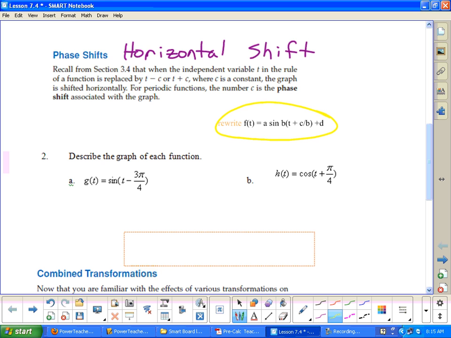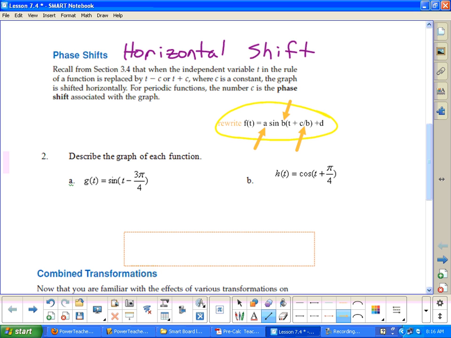So it says a sine of b times the quantity t plus c over b, plus d. So the value of a is going to tell us our vertical stretch and compression. B tells us horizontally whether it stretches or compresses. Remember, that's the reciprocal.